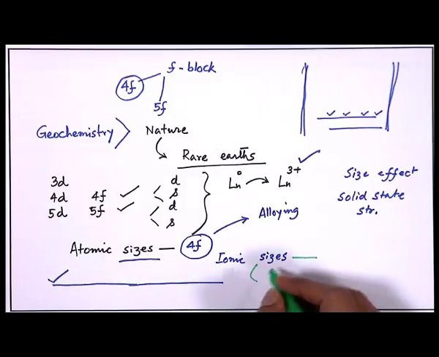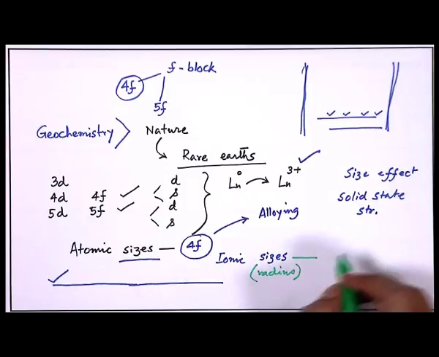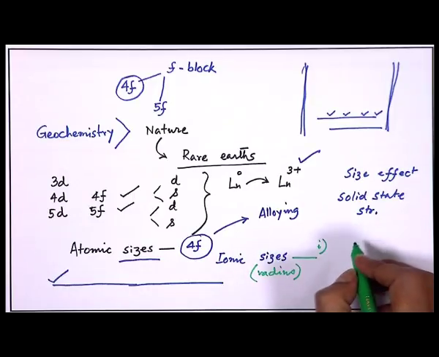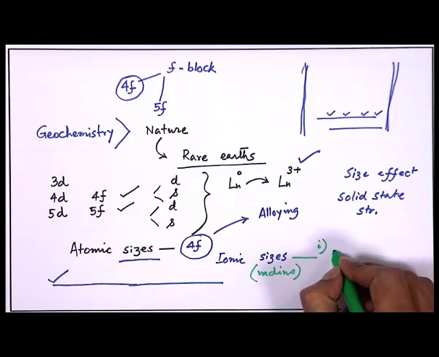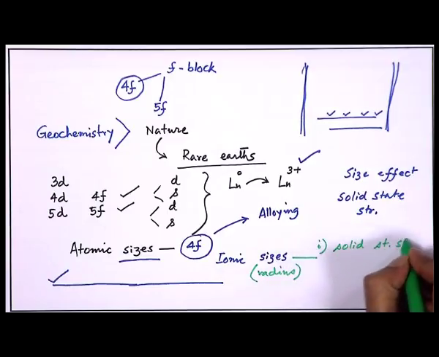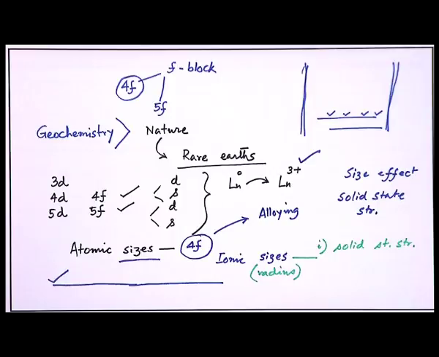These sizes are definitely related to their radius, because your book will tell you about the corresponding ionic radius. So, there is some role to play for their size. They are basically involved in the solid state structure, and they can change the corresponding solid state structure if they are big enough.